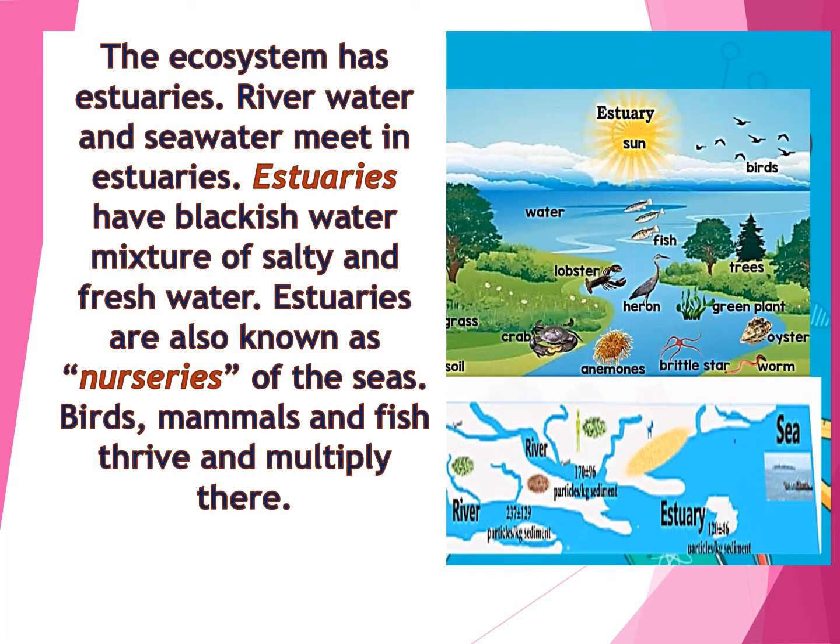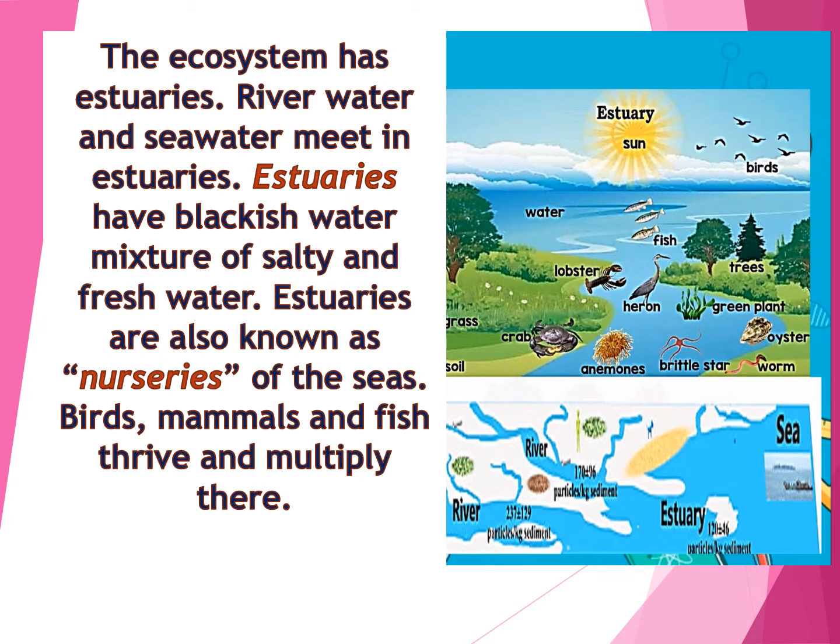The ecosystem has estuaries. River water and seawater meet in estuaries. Estuaries have brackish water, a mixture of salty and fresh water. Estuaries are also known as nurseries of the seas.